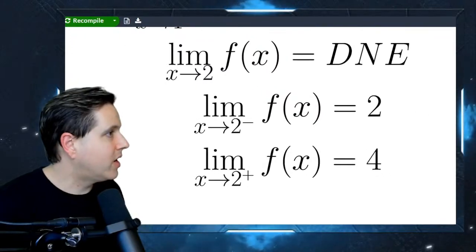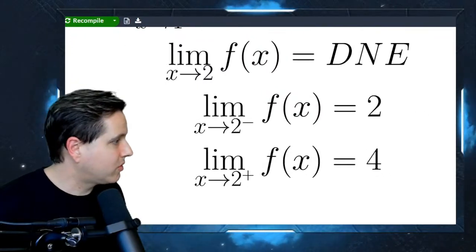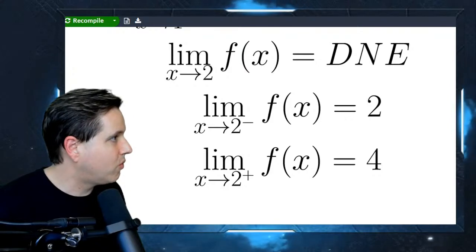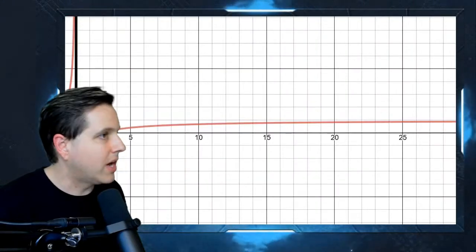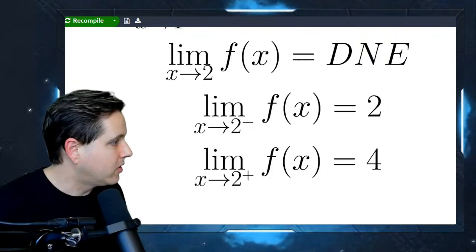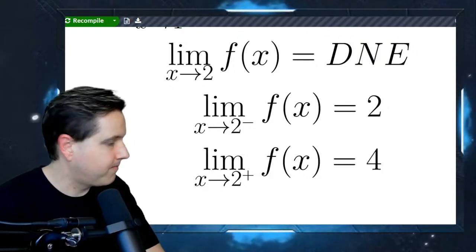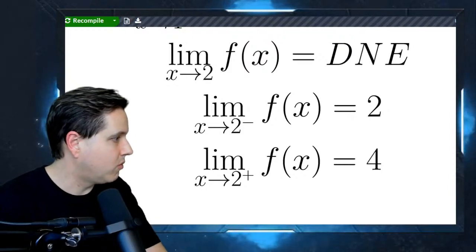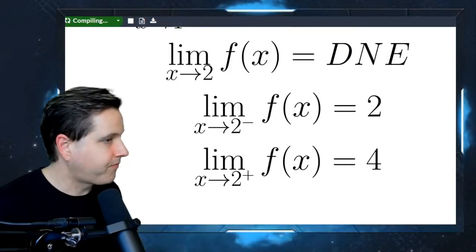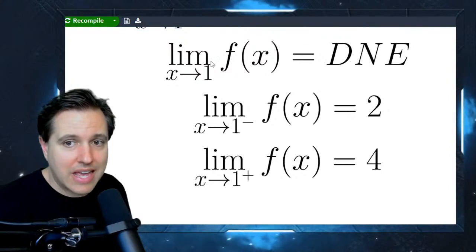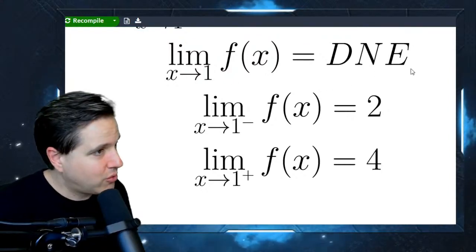So for right here, and what were we doing? x was going to 1, was it 1? Yeah, x was going to 1. So let's look at as it goes to 1. Okay, so in this case, again, the limit itself is actually going to not exist.